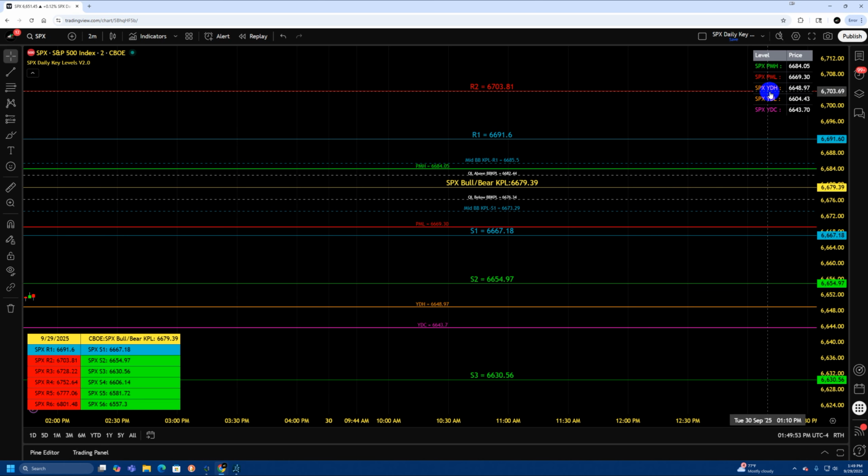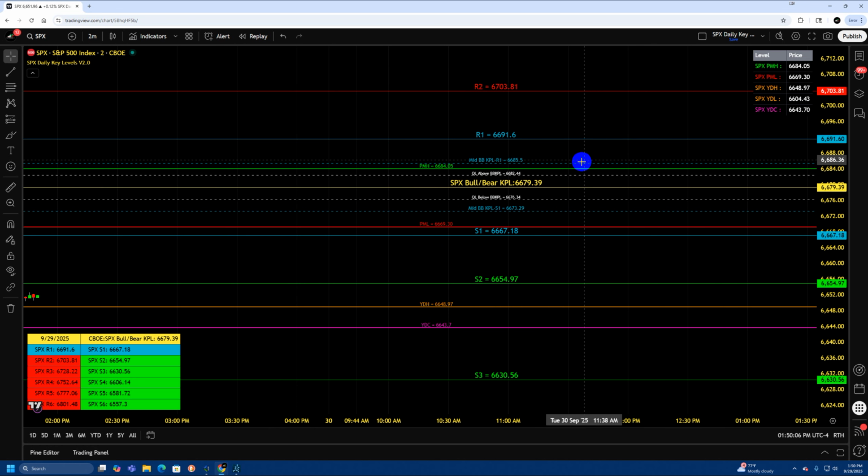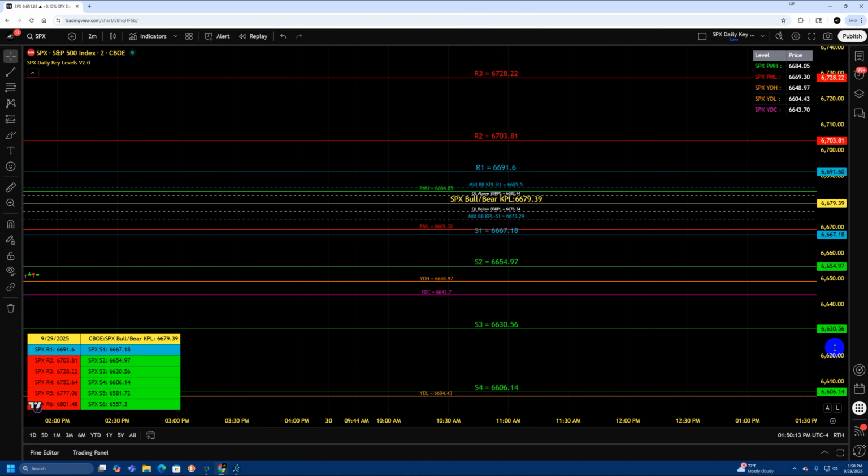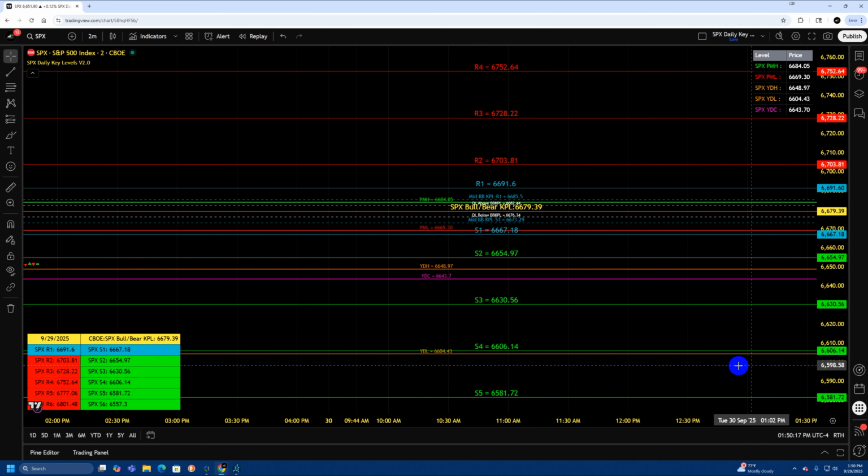So the previous days are YDH, YDL, and YDC: yesterday's high, yesterday's low, yesterday's close. PMH and PML are the current session's pre-market high and pre-market low. So pre-market high, pre-market low, YDH, YDC, and we move down. Here's the low from the previous RTH session.